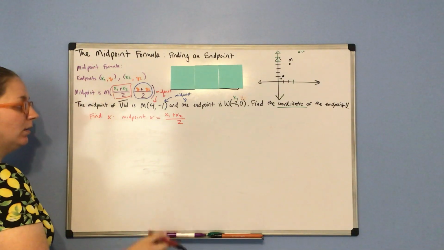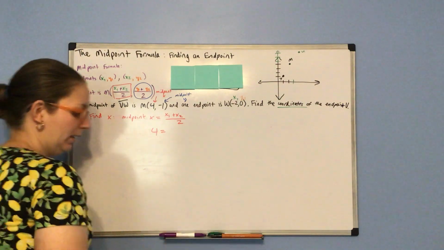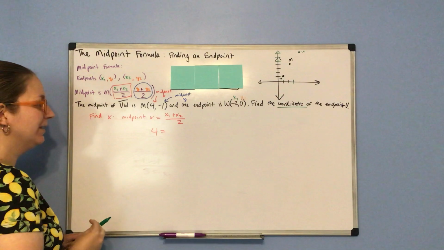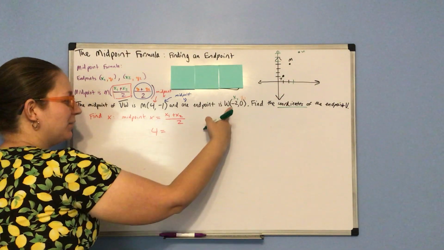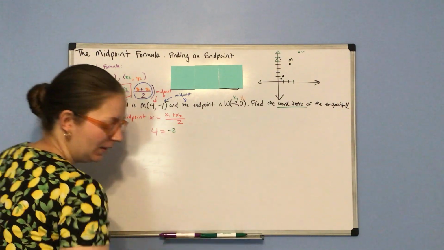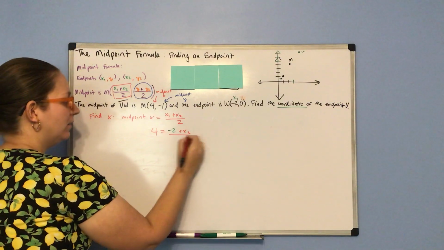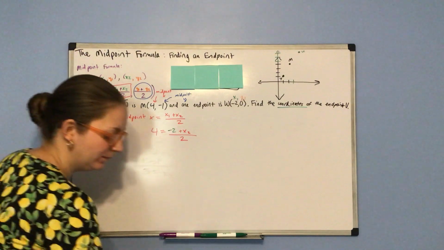Now let's sub in what we know. Midpoint x is 4, x1 is the x coordinate of the endpoint they gave me, so -2. I do not know x2, so I'm going to leave that blank, that's what we're trying to find. And then divided by 2 doesn't change.